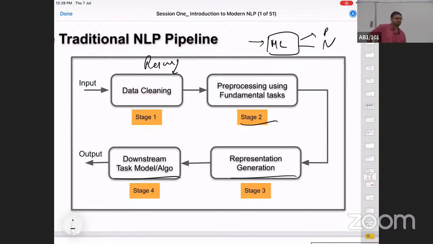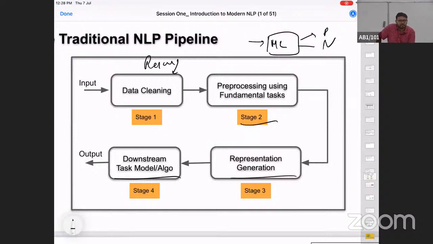Okay. Each stage we will get into in detail in the upcoming lecture that will start at 2. Okay, fine. So I will stop here. We'll meet again at 2, and I will resume from here, the traditional NLP pipeline.